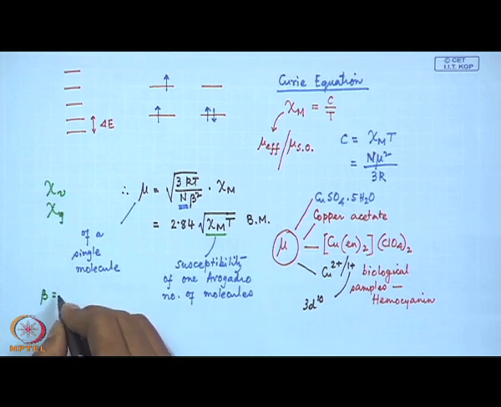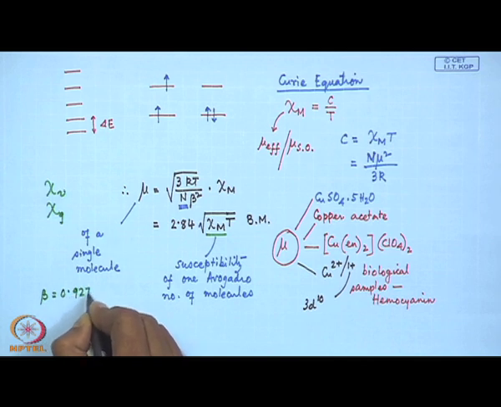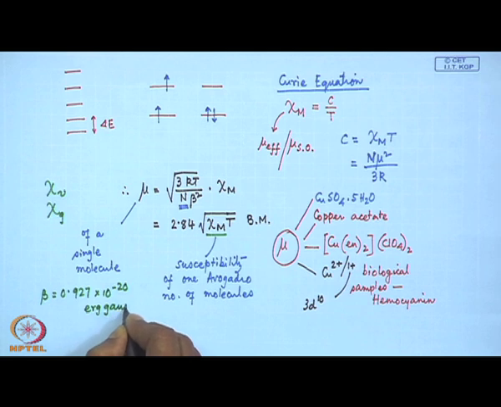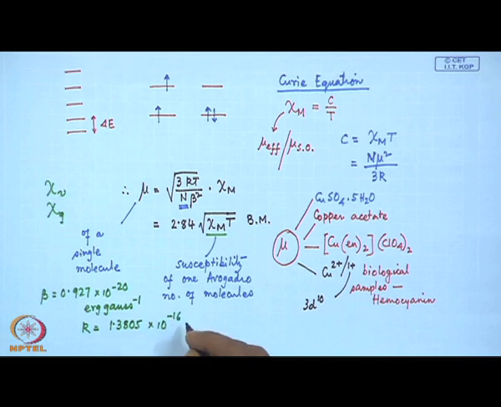In this particular case, beta is equal to 0.927 into 10 to the power minus 20 erg per Gauss, and we also have the Boltzmann constant k, which is 1.3805 into 10 to the power minus 16 erg per degree.